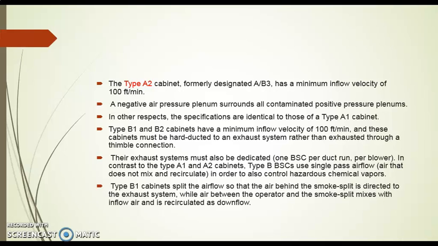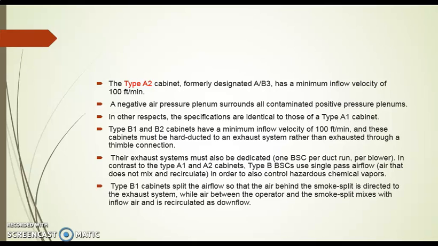The Type B1 and B2 cabinets have a minimum inflow velocity of 100 feet per minute, and these cabinets must be hard ducted to an exhaust system rather than exhausted through a simple thimble connection. Their exhaust system must also be dedicated, in contrast to the Type A1 and A2 cabinets.